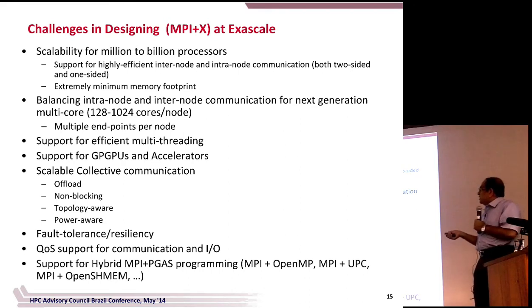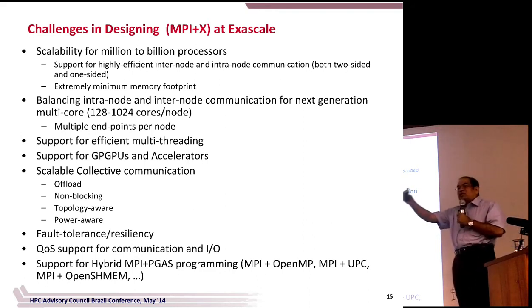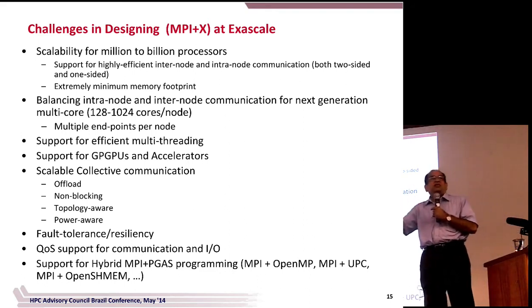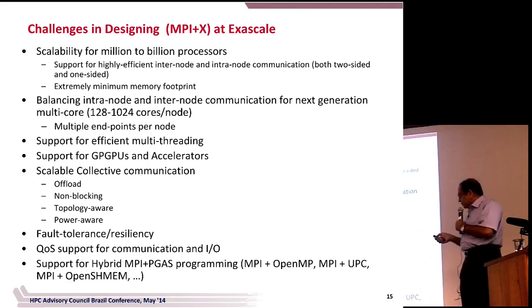Then how do you balance intra-node and inter-node communication? As I indicated earlier, within a node, people are expecting 1000 cores or even 10,000 cores. So you need to balance both sides, good communication within the node and also good communication to and from the node. Then of course, efficient multi-threading is becoming more important.